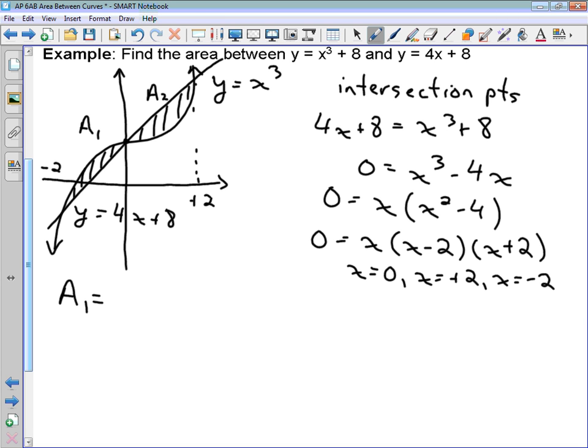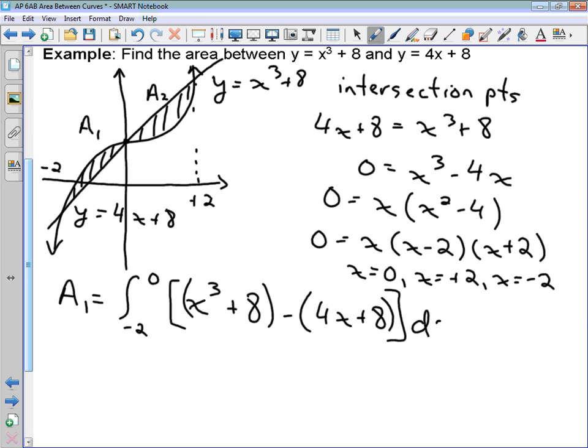So we want the integral from negative 2 to 0 of our upper function, which in this region is x cubed plus 8, minus our lower function, 4x plus 8, with respect to dx. Okay, that makes sense.